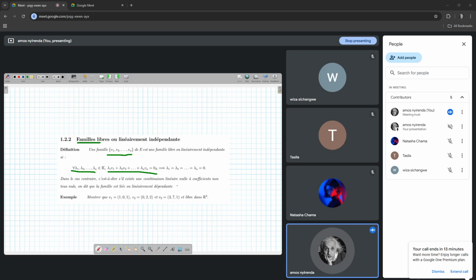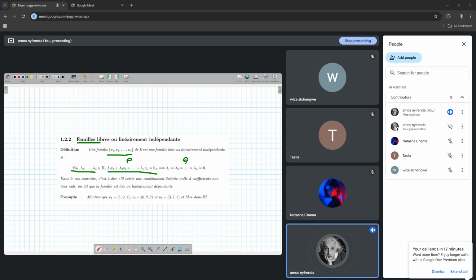We give ourselves a family of vectors V1, V2, up to Vn. Remember this is an implication. This is the proposition P, and then this is the proposition Q. How do we prove an implication? If you're given a problem, reason based on what you're given here.